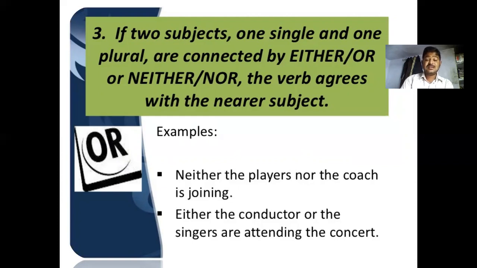Neither the players nor the coach is joining. The players is a plural word, and the coach is singular. So we have taken the nearest word, the coach, for representing the concord for the subject: is joining.